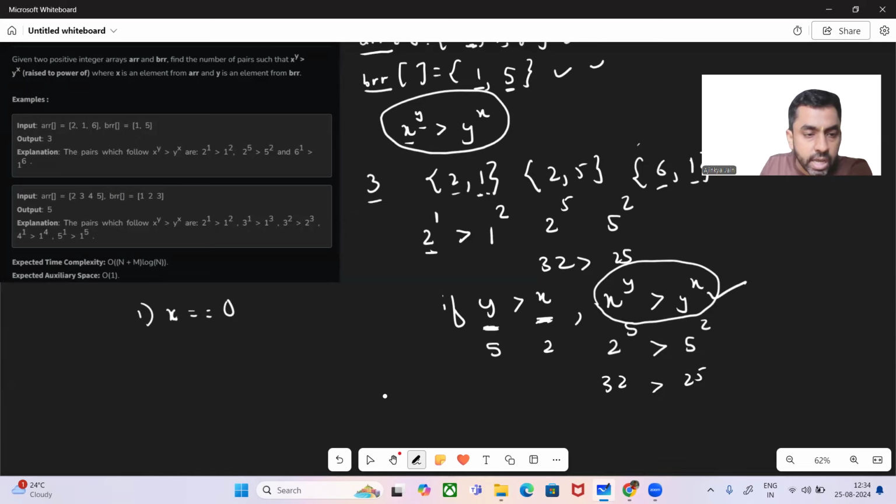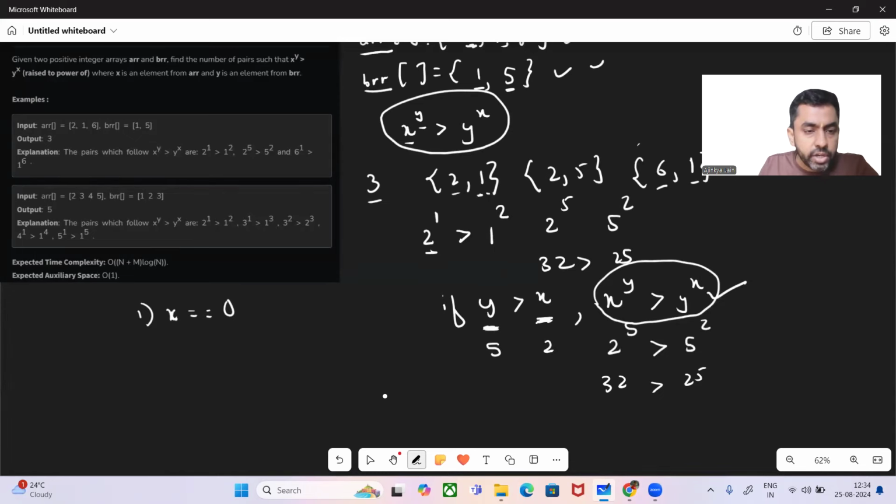For example, if X is 0 and Y is 6, then 0 to the power 6 gives 0 and 6 to the power 0 gives 1. This is failing because 6 is greater than 0, but still when X is 0, the condition fails. So this is one condition.